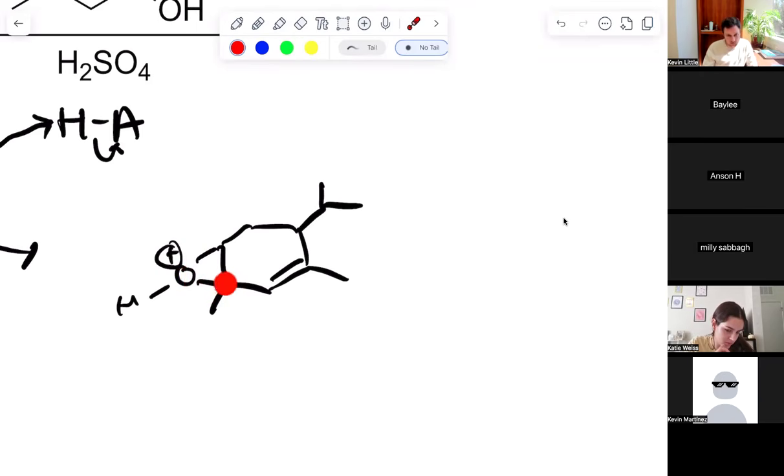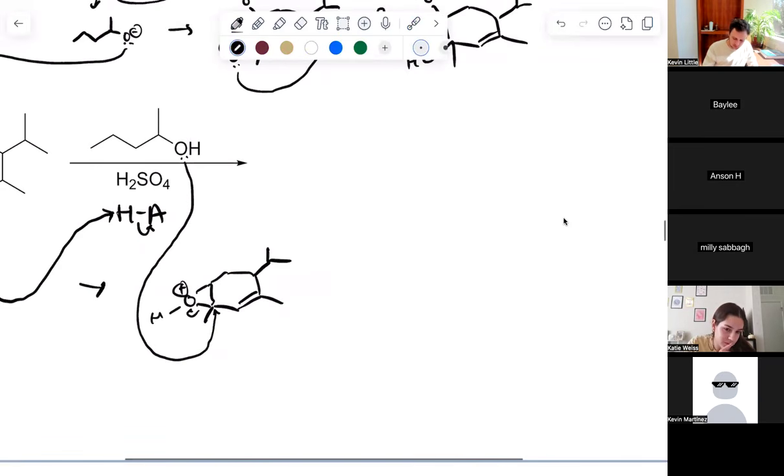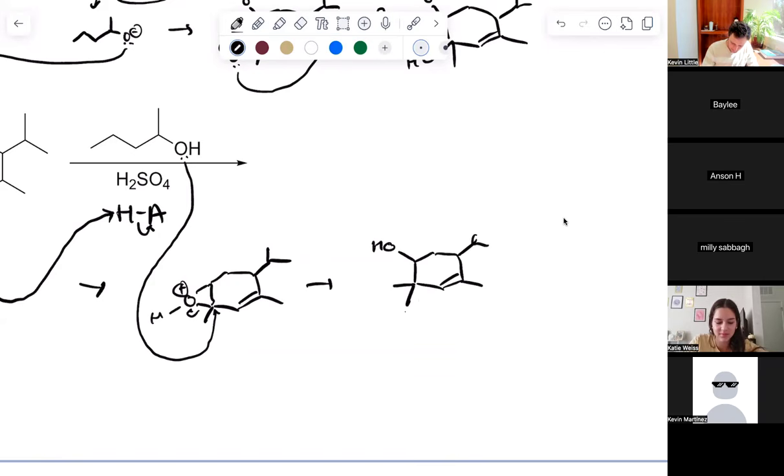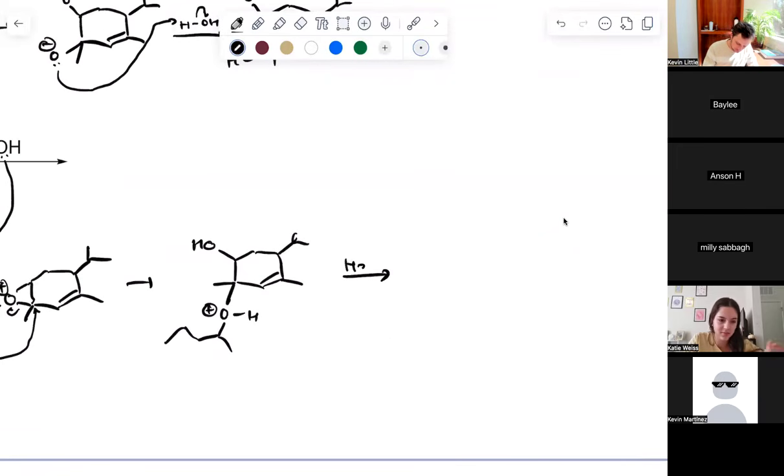So that puts a positive charge over here. So when this nucleophile attacks, it's going to attack the more substituted side. So in acidic conditions, we're always going to attack the more substituted side of an epoxide. And likewise, I get here, and I need to neutralize it to create the final product.